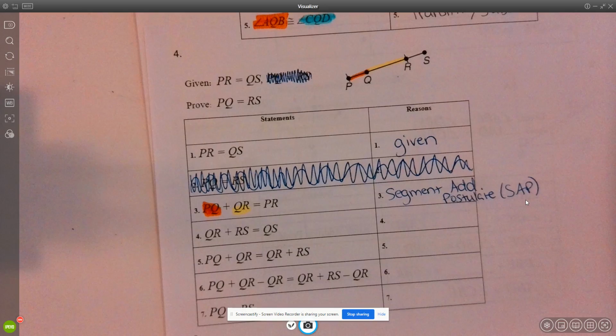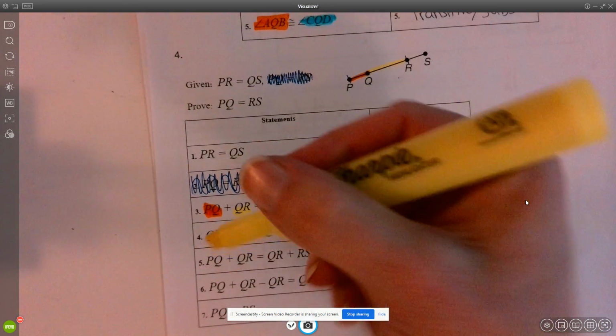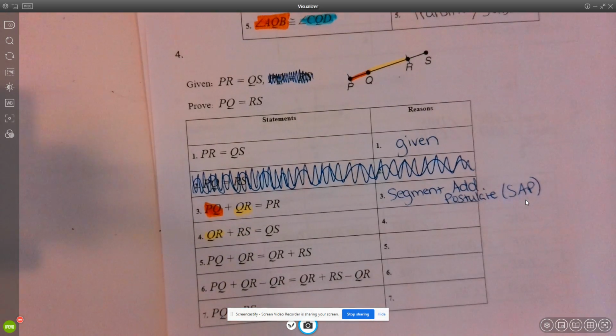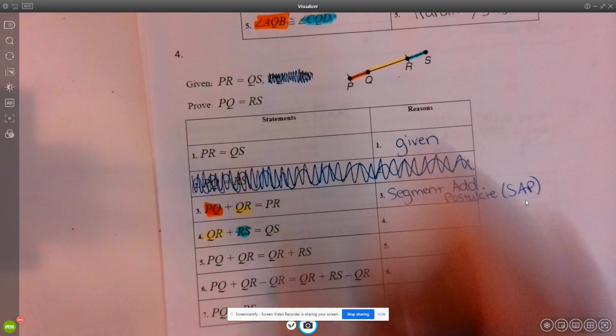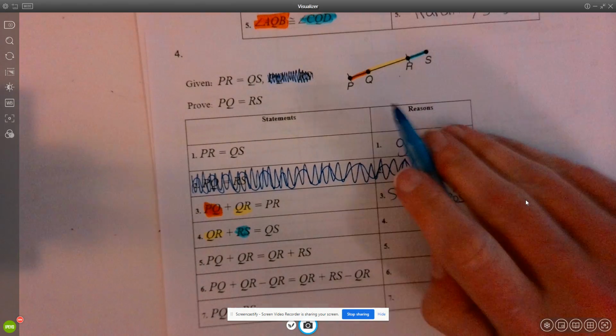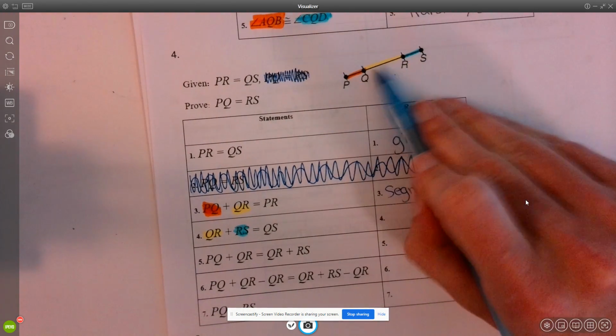Okay. So now we're looking at statement 4. This one says QR plus RS. So I'm going to get a different color this time. QR was in yellow. I'm going to make RS in blue. Is equal to QS. So if I'm looking where QS is in the picture, that's this piece.